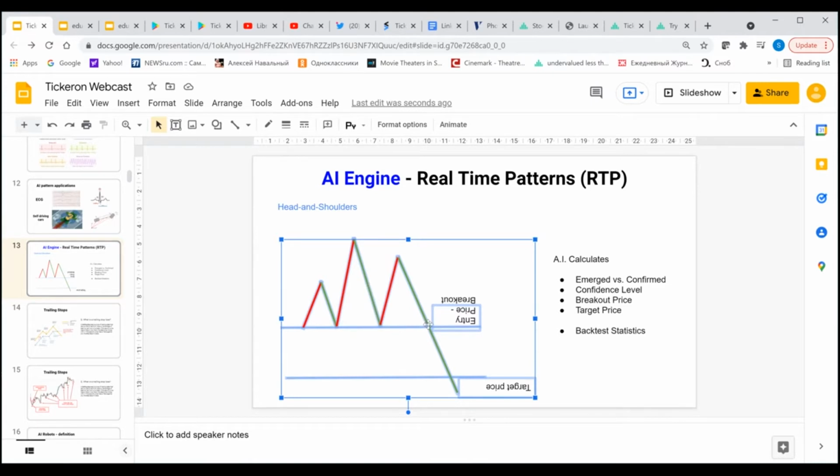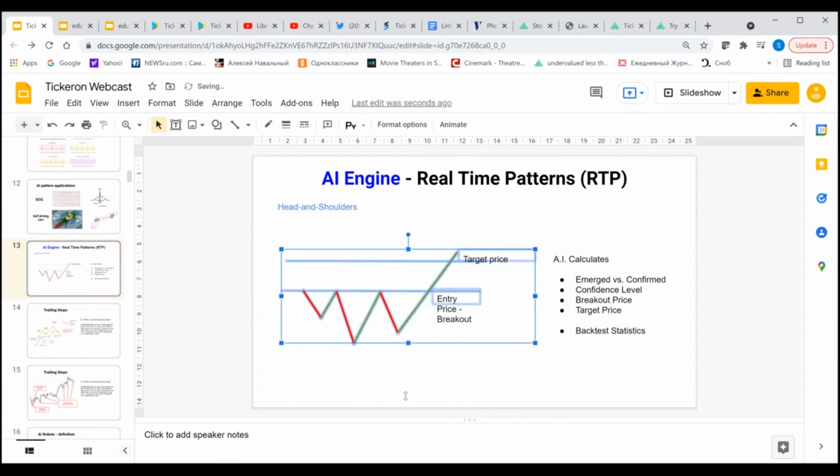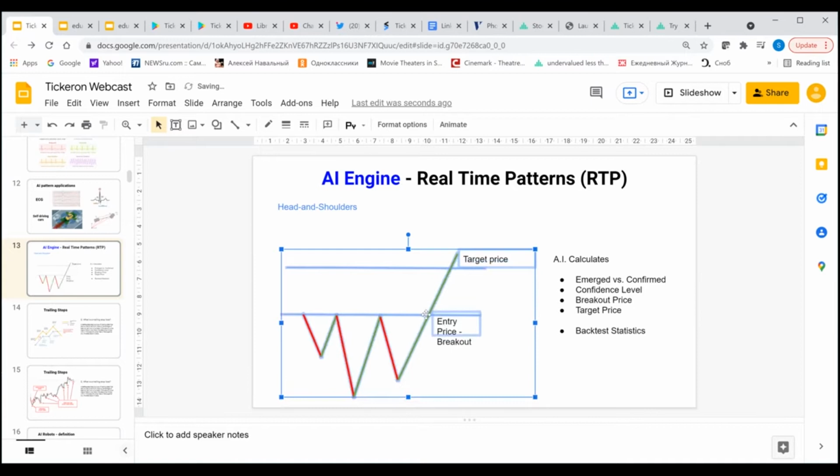When it breaks this, we call it the breakout point, and then we can predict pretty precisely how far it's going to go down. Or with this other type of pattern, it's going to go up to a particular profit. So we buy here and sell right here.